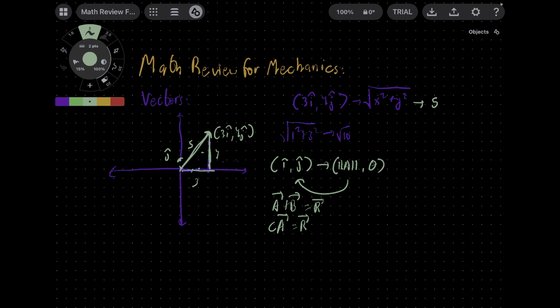Now you might be asking, what about for theta? Now there are actually 3 equations one can use to calculate this.